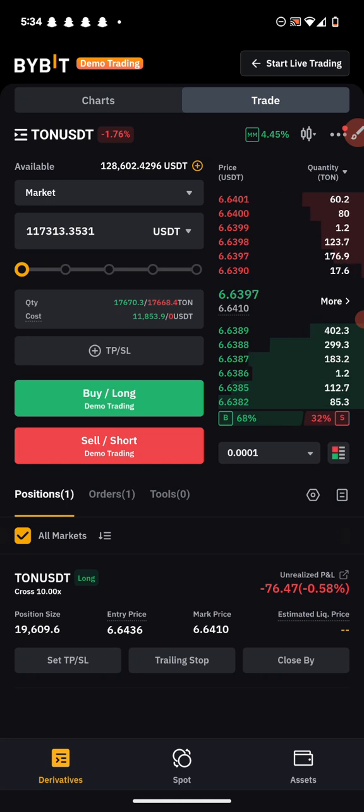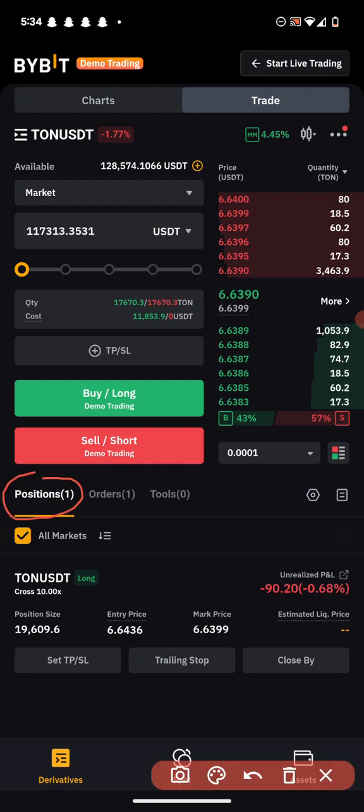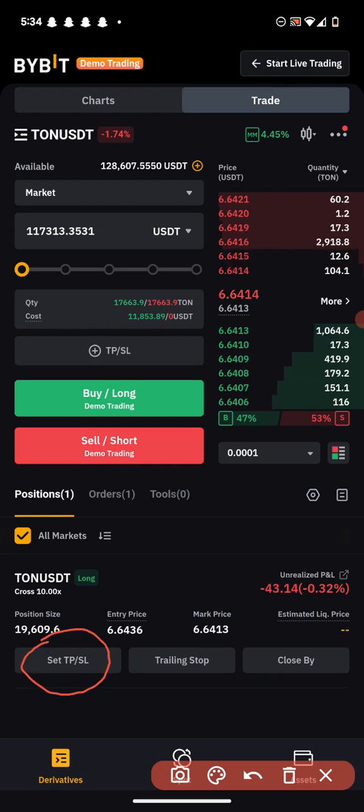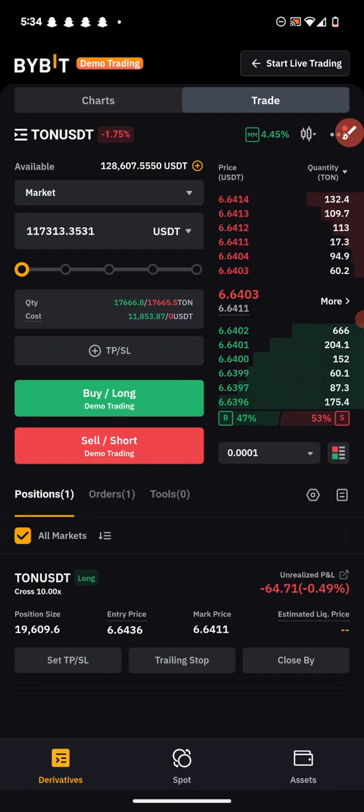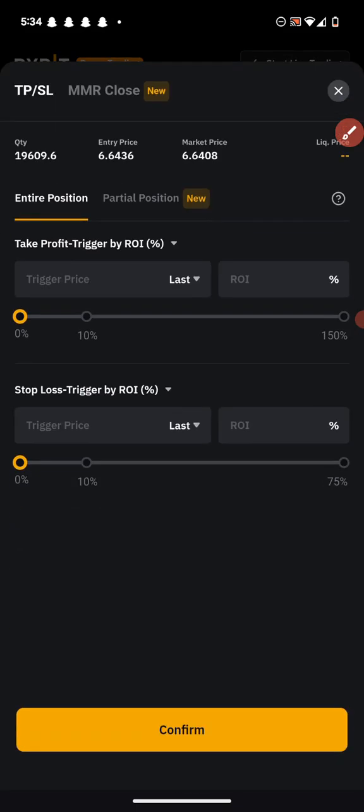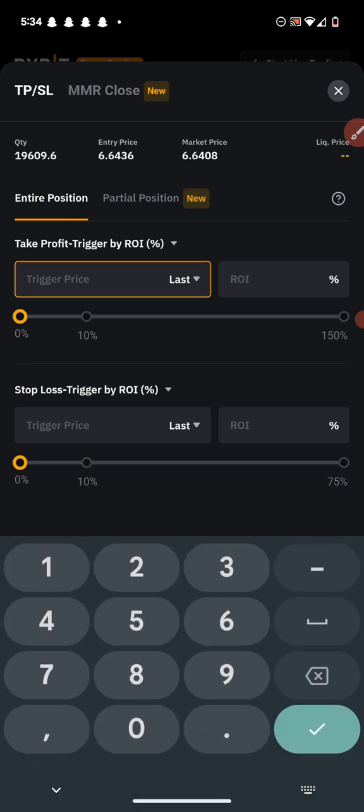Now if you want to set take profit or stop loss, you can come to here. You can see where they wrote TP, set take profit. That is what it means. So if I click on it, you can see here. Now you can put the price you want to take profit.